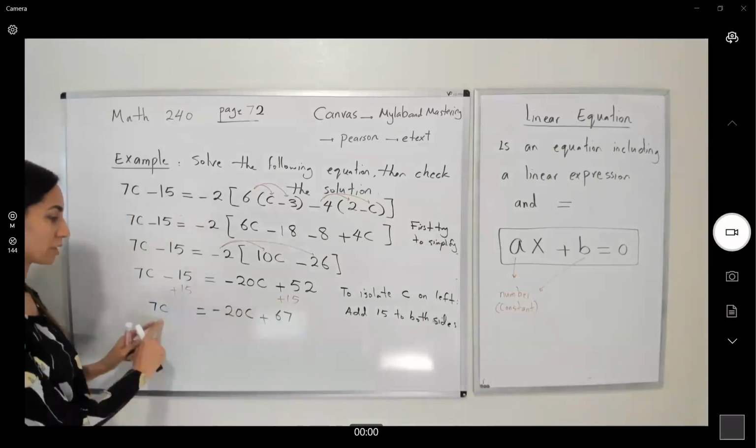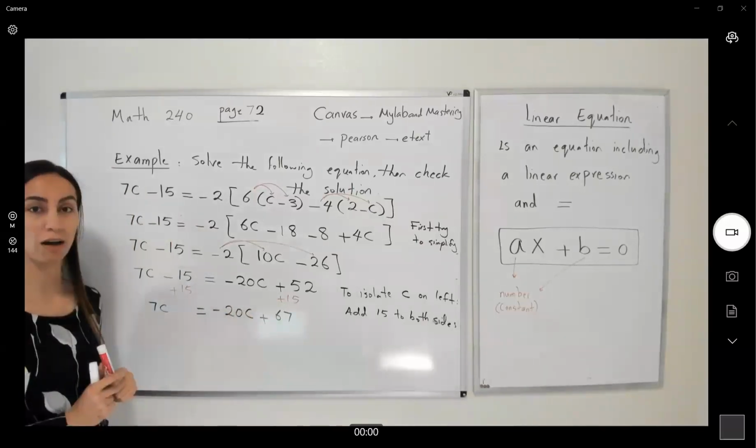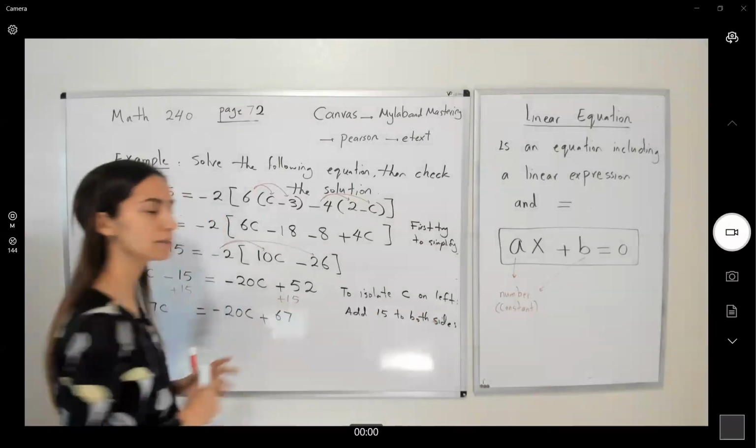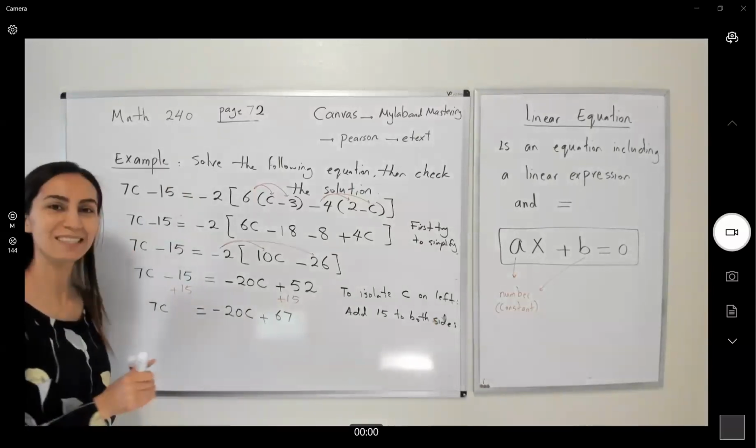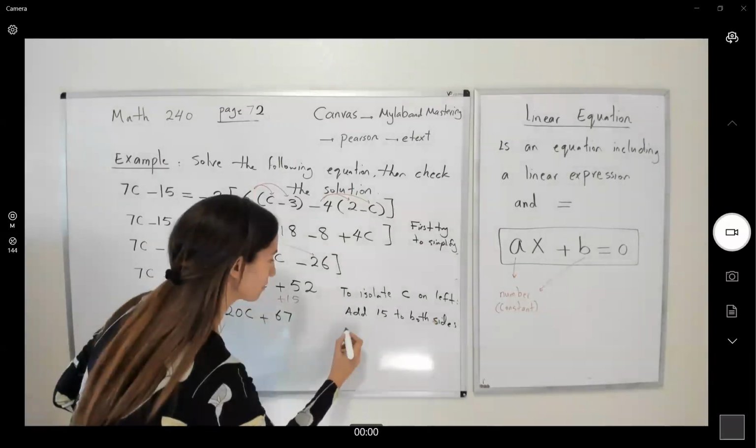You have variable c on left, variable c on right, and you decided to isolate c on the left-hand side. So you're going to add 20c to both sides.